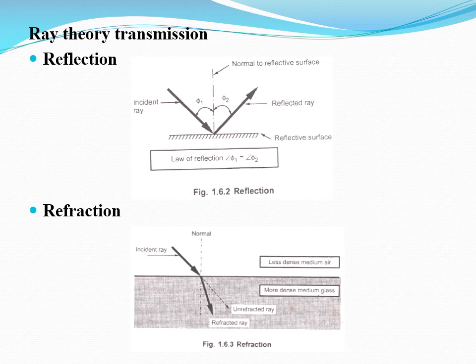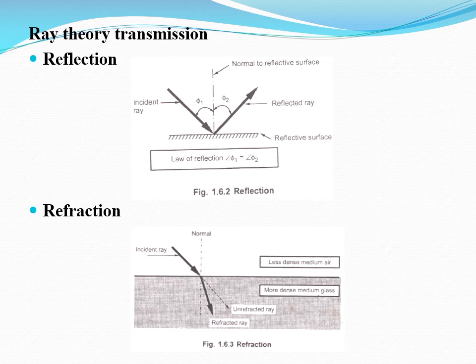The normal is perpendicular to the reflective surface. So the incident angle equal to the reflected angle indicates the law of reflection. So this is reflection.